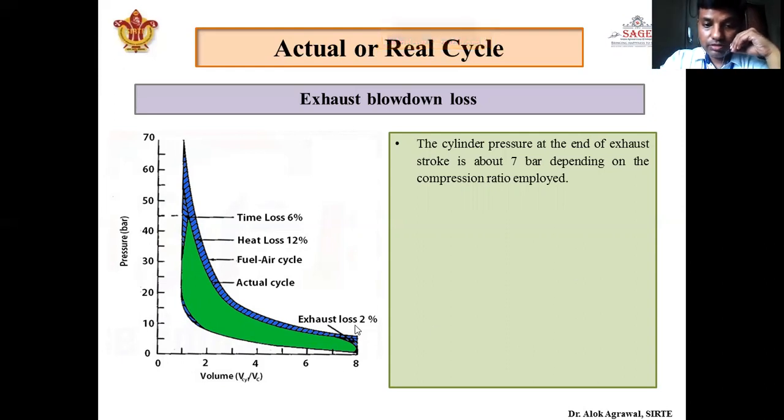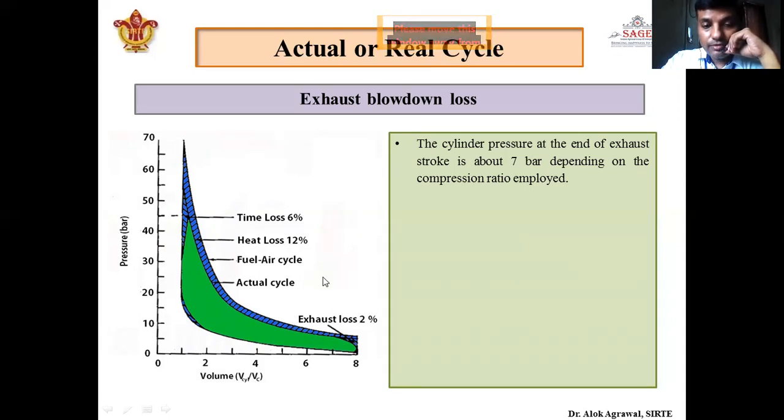It can be seen in this portion, and because of that, what we are gaining is that if we do not open our exhaust valve before the end of the power stroke, during the exhaust stroke we have to encounter 7 bar pressure exhaust gases, and to remove those gases from the combustion chamber the requirement is more.